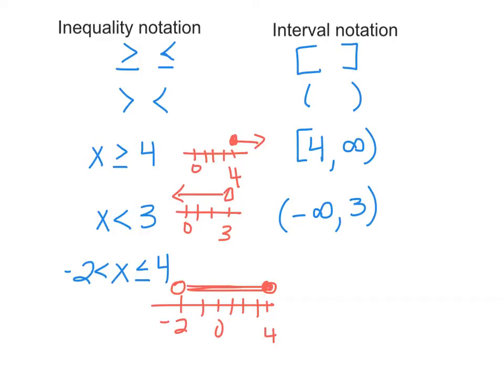So if I'm going to write that in interval notation, at negative 2, because I go from left to right, is open, so it has a parentheses. At 4 is closed, therefore everything that's in this solution is from negative 2 to positive 4, including decimals.